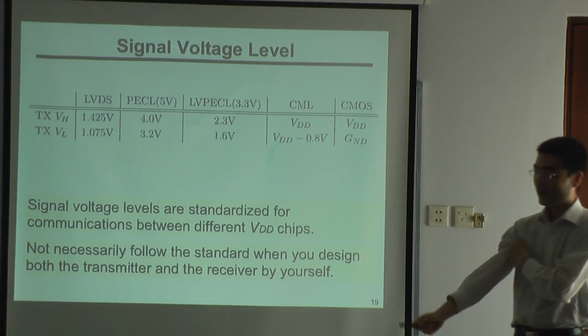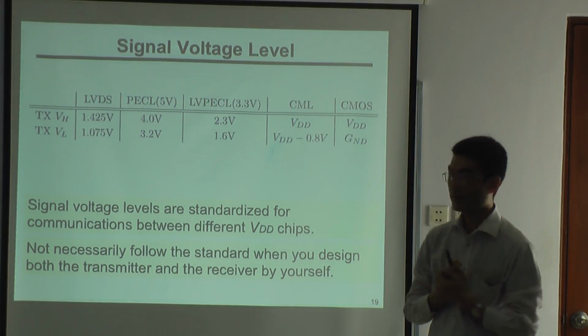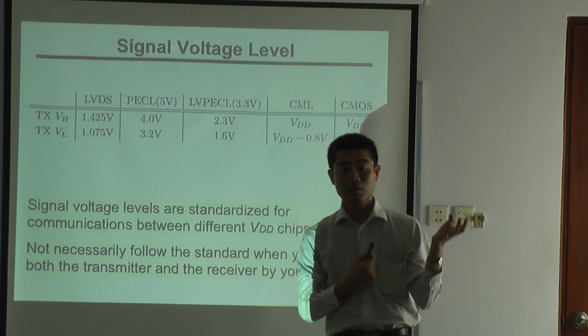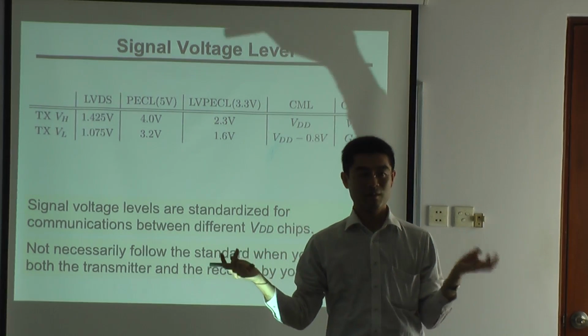Another thing we have to consider is the signal level. That means if chip A wants to talk in 1 volt and chip B wants to talk in 3.3 volts, they cannot connect.